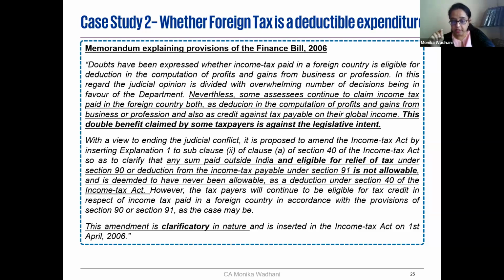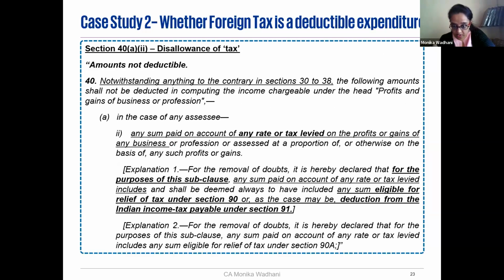But if 40A(2) was always clear that it only restricts to section 2(43) and it only refers to the Indian Income Tax Act, in that case, how can you say that, if you read this explanation, which says that for the purposes of this sub-clause, any sum paid on account of any rate or tax includes and shall always have been deemed to have been included any sum eligible for the relief.